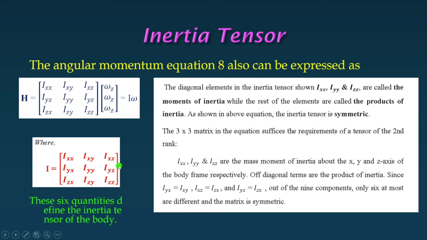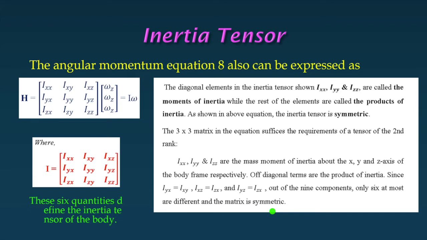So in general, a scalar and a vector are all tensors. A scalar is a zero order tensor, and a vector is a one order tensor. But generally, scalars and vectors are not termed as tensors.